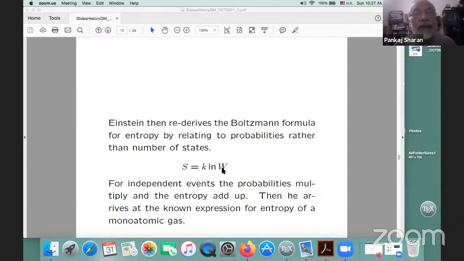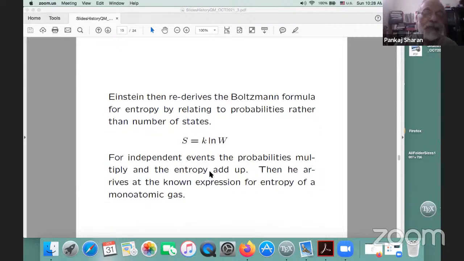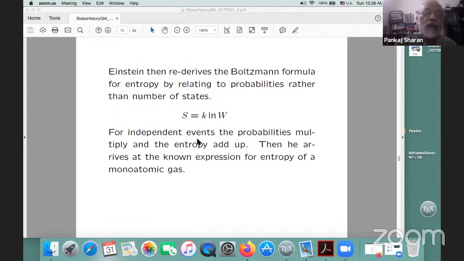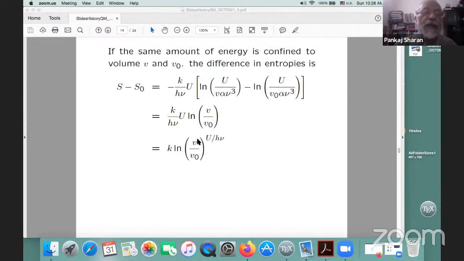And this is something important in the history of statistical mechanics also, because W being the number of possible states and W being the probability of those states, they are all closely related. But at that time, Einstein thought that his version of the formula is different and better. Anyway, that being so, he says that we get entropy or entropy differences as K times log of something. And what that log of something is, he wants to understand and explain.